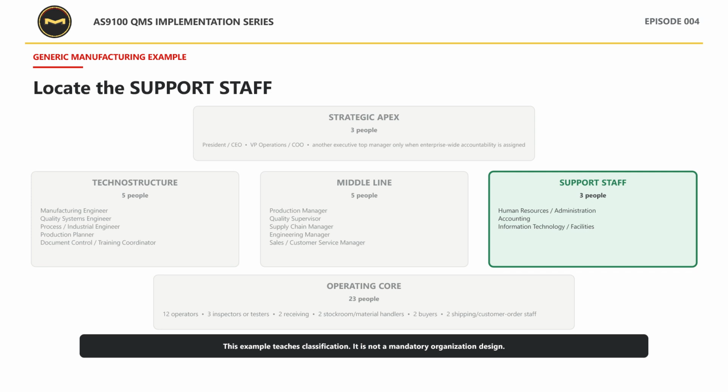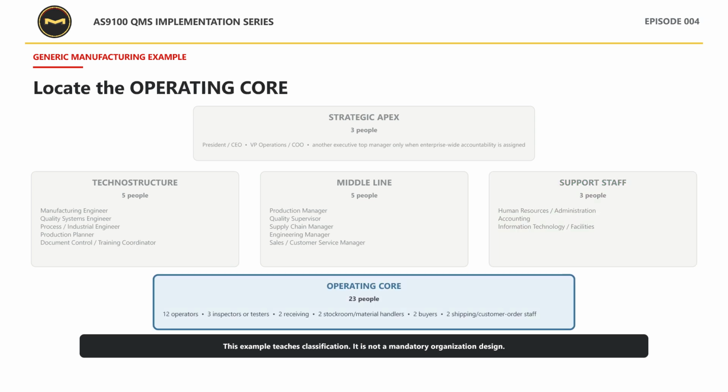Support staff include the internal services that keep the organization functioning: human resources and administration, accounting and information technology, or facilities support. The operating core contains the people who secure, transform, verify, handle, or deliver the product and its required information.